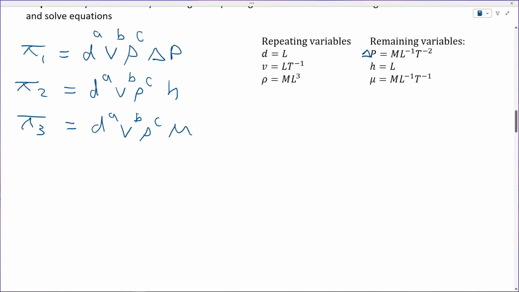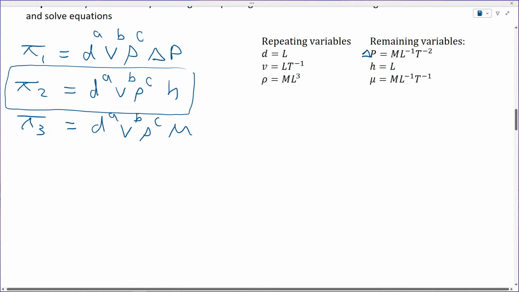So let's start maybe with pi 1. Actually, I don't know if we need to do all 3 of them. The second one is very easy to do. I will show you how to do the second one, because it is intuitive.